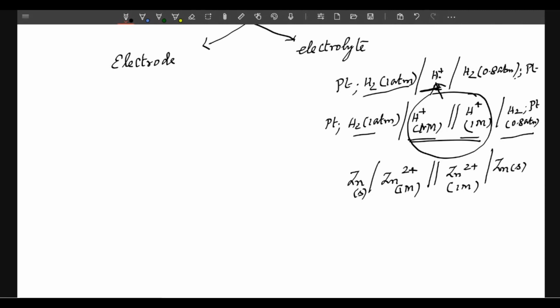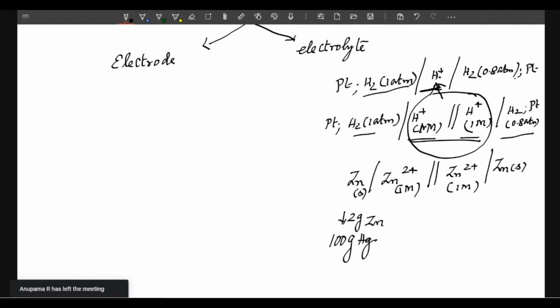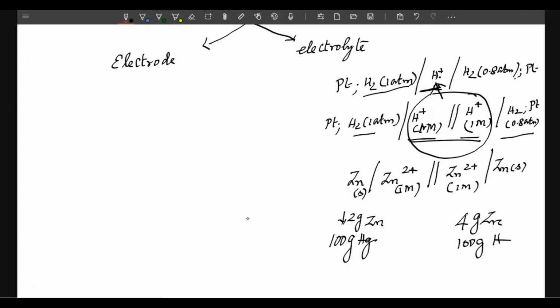For example, 100 gram of mercury is taken, in which only 2 gram of zinc is added. Now you get a zinc amalgam in which the amount of zinc present is only 2 gram. In another electrode, I add 4 gram of zinc to the same 100 gram of mercury.